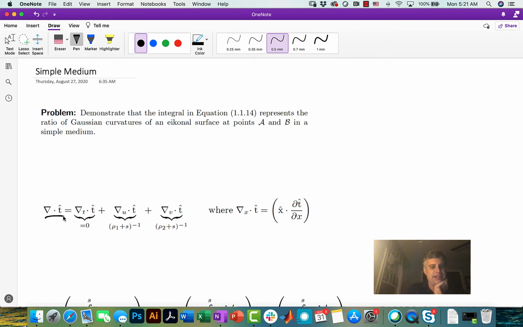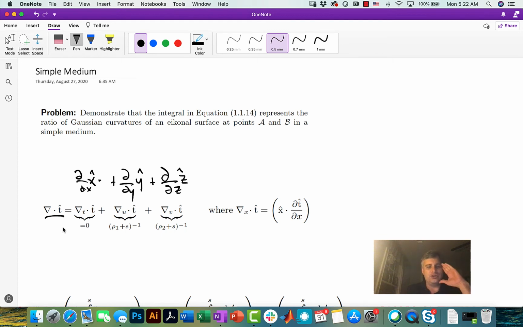If I have a gradient of a vector, normally I take the partial derivative with respect to x along the x, and I dot that with my principal vector, and then I take the partial derivative with respect to y, stick it on the y, dot that, project that onto t, that differential operator, and likewise the partial derivative with respect to z.